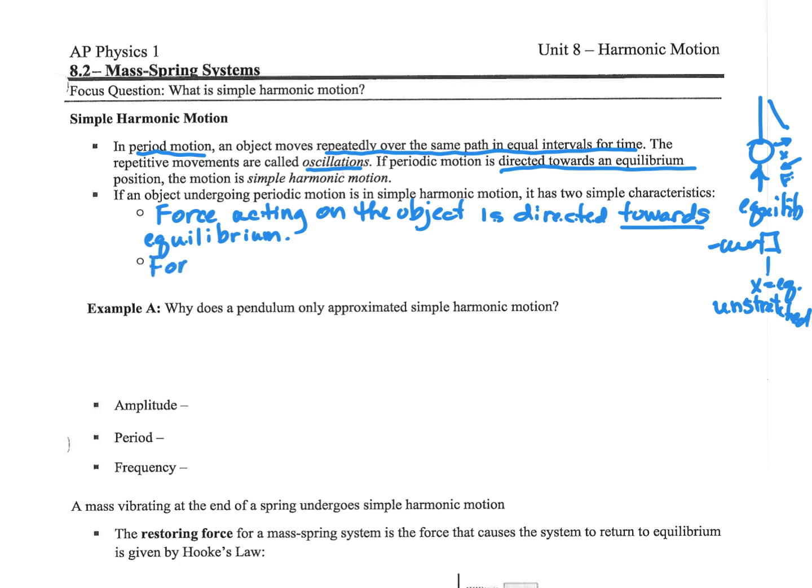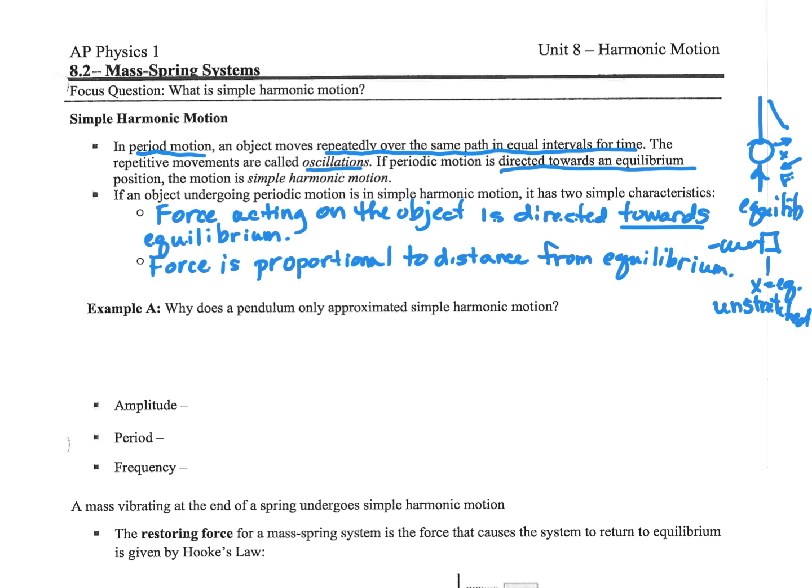The force is also proportional to the distance it is from equilibrium. Proportional to the distance from equilibrium.